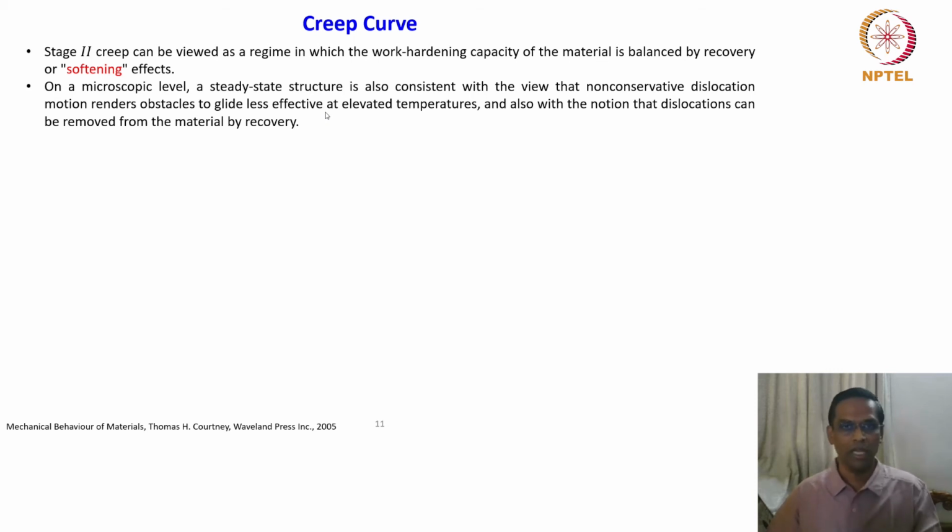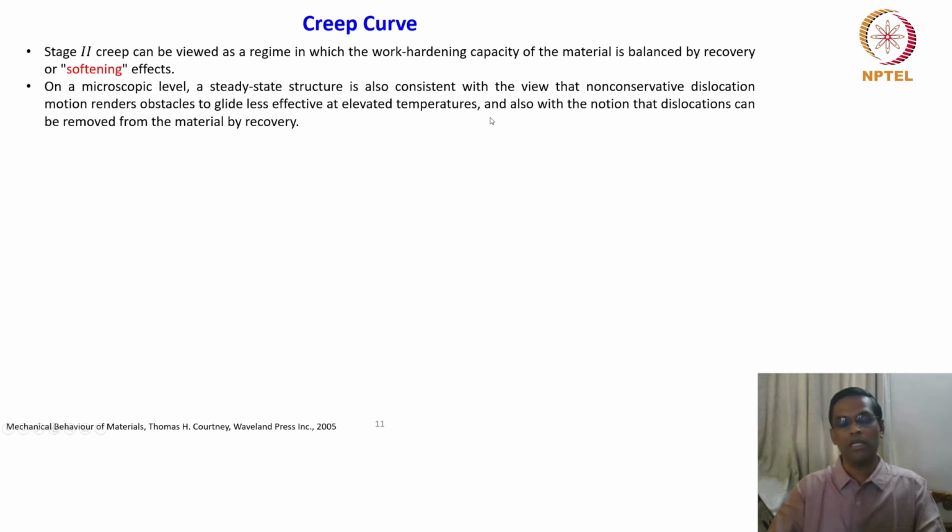It is not moving in any particular glide plane or any particular slip location. Non-conservative means it can move anywhere. So the obstacle to that kind of motion is less effective at elevated temperature.